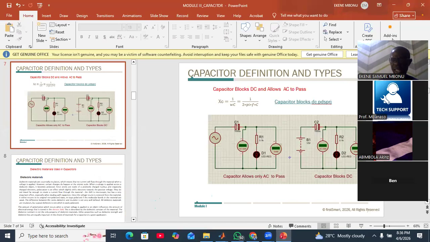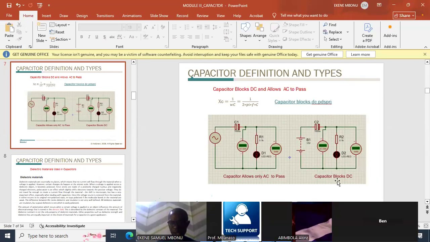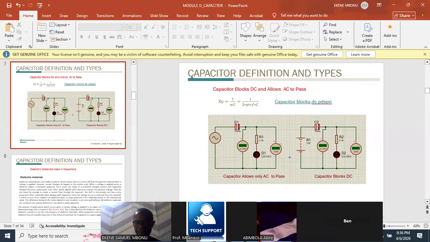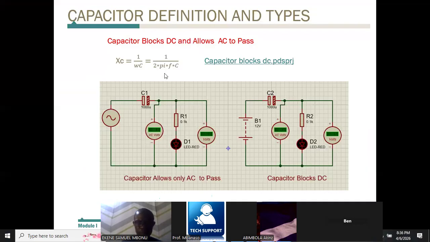We can now see, if we now look at this equation again, based on this equation, you will now notice that when the frequency is zero, reactive impedance will be infinity. It will be infinite. And then it will block DC because the frequency of a DC signal is zero.